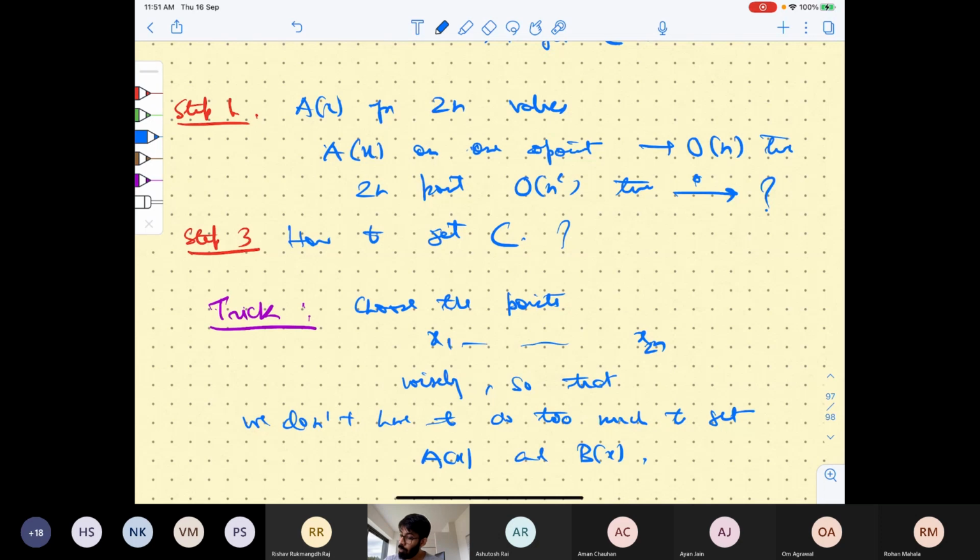Wisely means they are interrelated somehow. They are not completely random points. So this is what we will see in the next lecture tomorrow, and then we'll finish this topic, and that will also finish our divide and conquer part. And then after the minor, we'll start with the program.